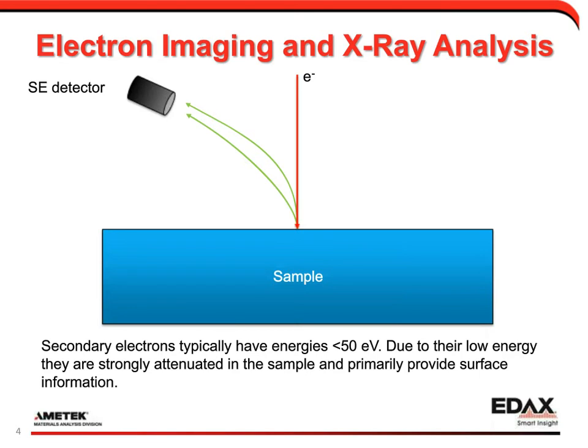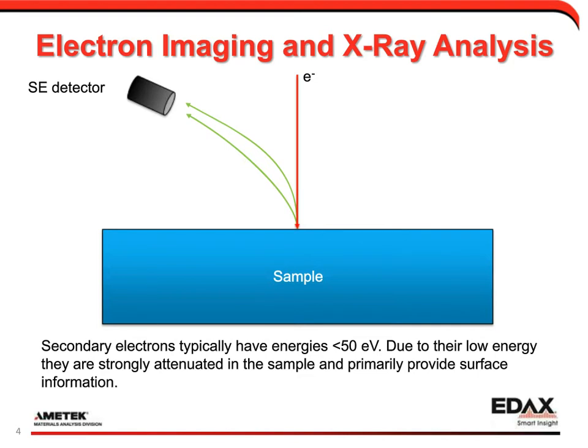What happens is that the primary electrons hit the material that's in the sample, interact with it in different ways, generate new electrons, lose energy, and anything that comes out from the sample again with less than 50 eV is defined as a secondary electron. Since the energy of these secondary electrons is quite low, they are strongly absorbed or attenuated in the sample.